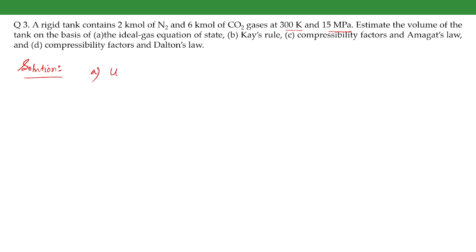So using the ideal gas equation, the pressure of the mixture multiplied by the volume of the mixture is equal to the number of moles of the mixture times the molar specific volume, the universal gas constant, and the temperature Tm.